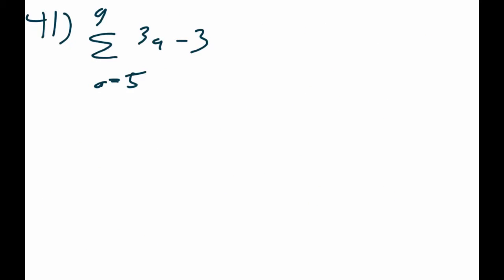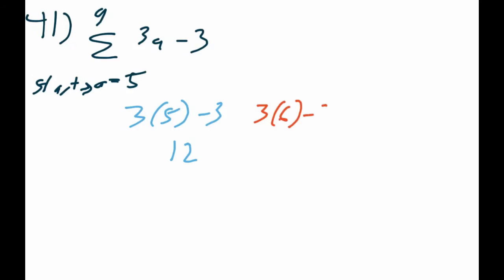Alright, we're asked to write this out in expanded form and then find the sum for this problem. So what we're going to do is we're going to first take this as our starting number and plug it in. So I got 3 times 5 minus 3, which is 12. Then I plug in the next number, which is 3 times 6 minus 3, which is 15. And then I'm going to do 3 times 7 minus 3, which is 18.